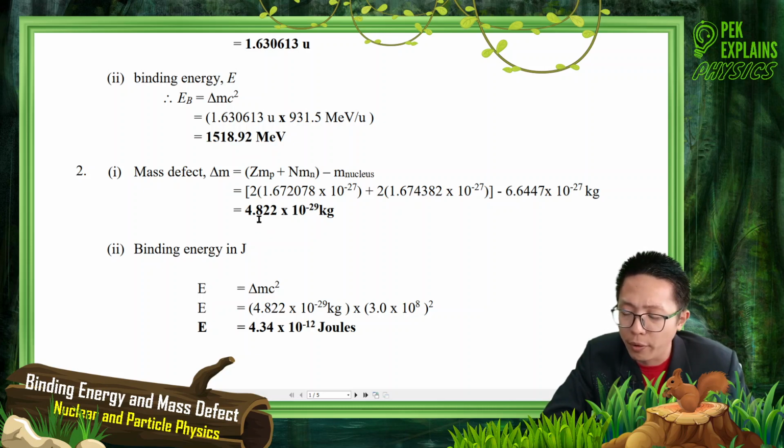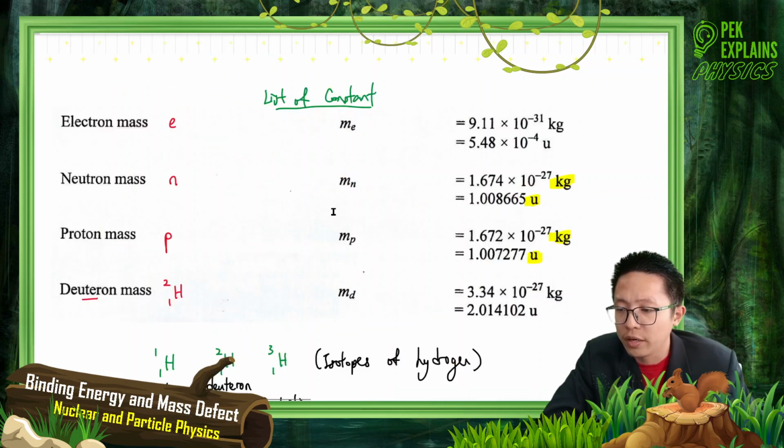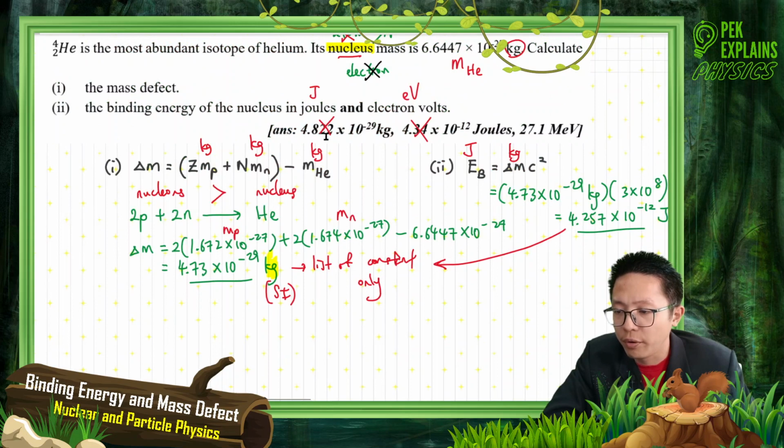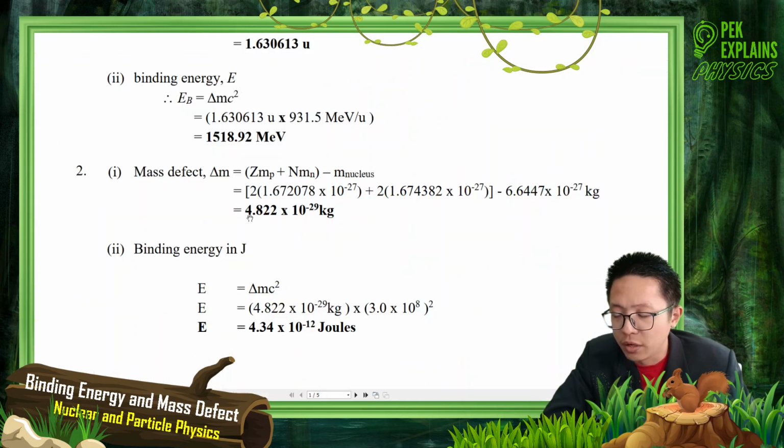You get 4.822. I got only 4.73. Do you see the difference? You got 4.822 because you're not using the list of constants values. You use other values.